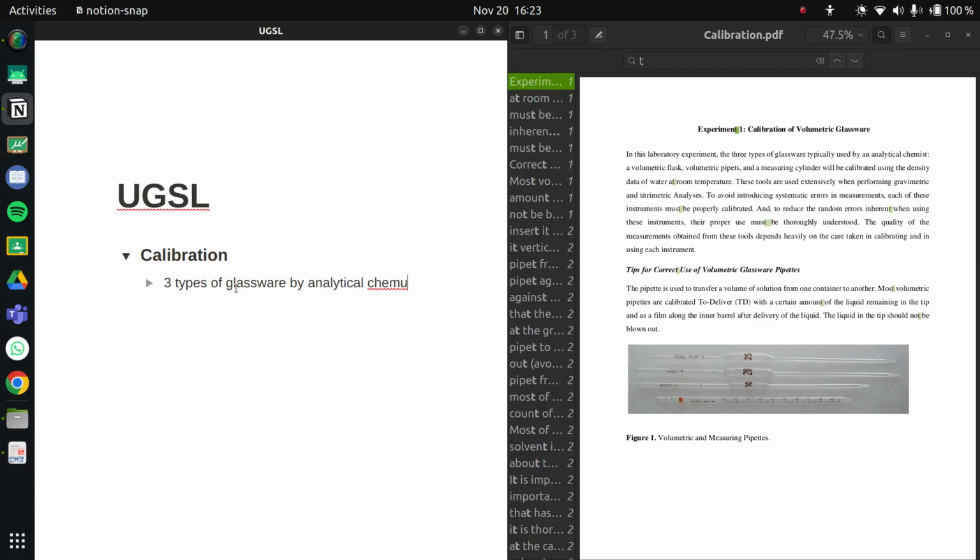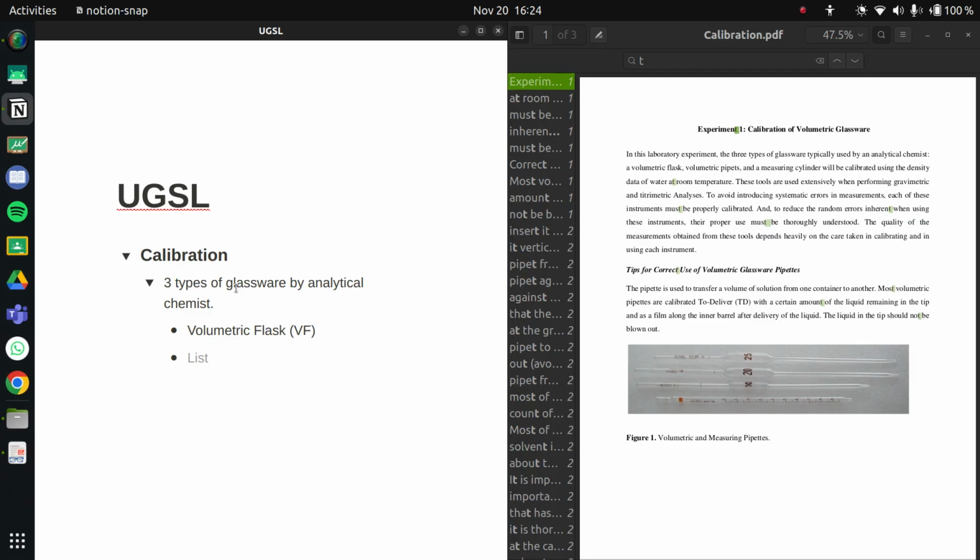These are: first, a volumetric flask. I type very slow and this is going to take some time, but just bear with me. Volumetric flask. The flask reminds me of the application flask.